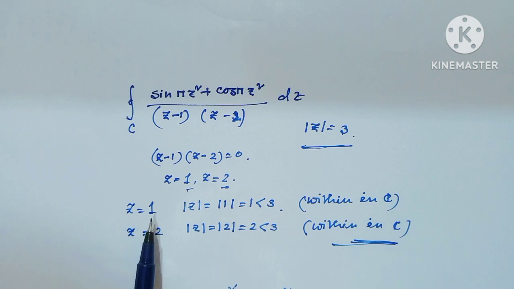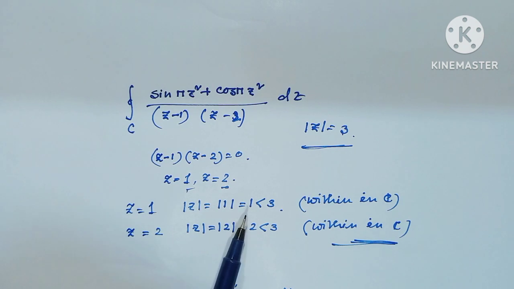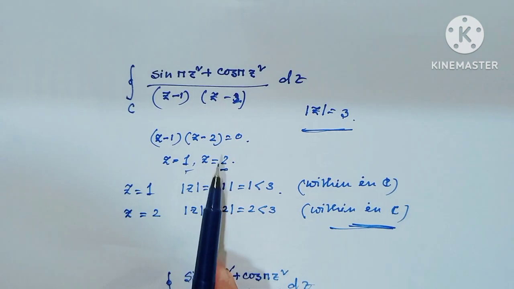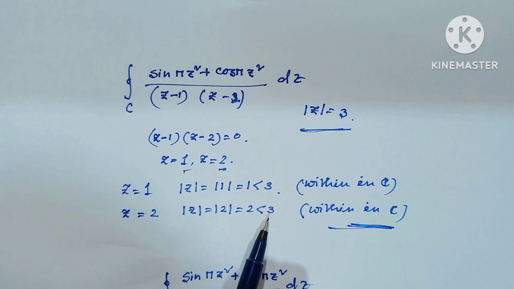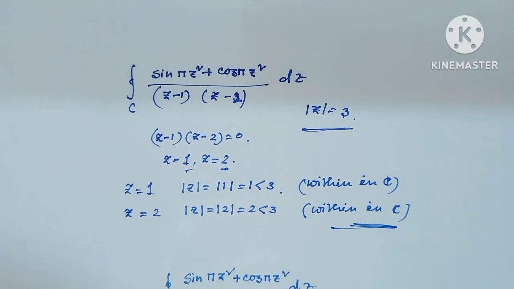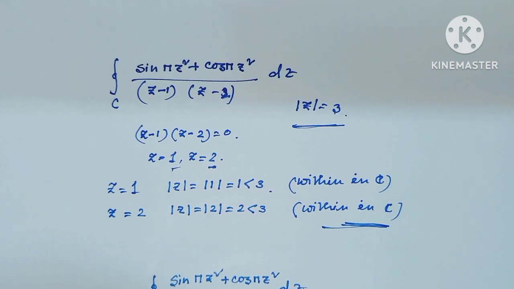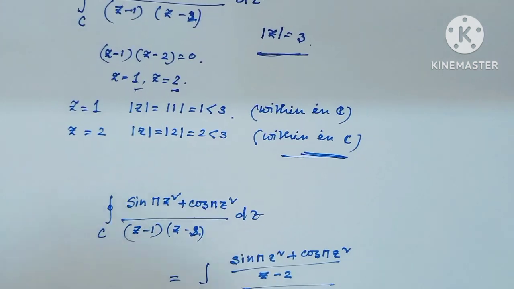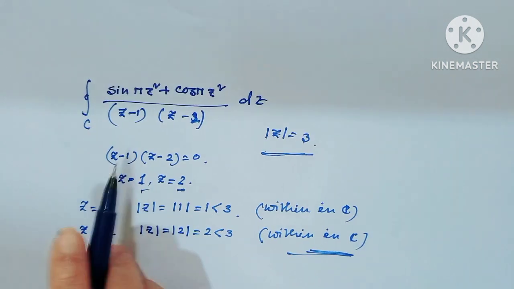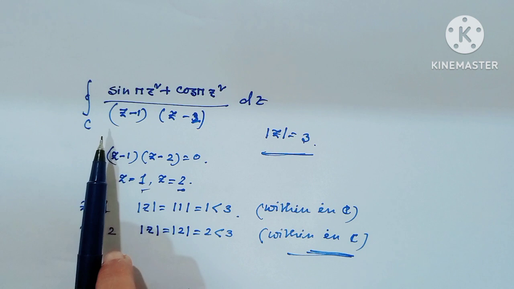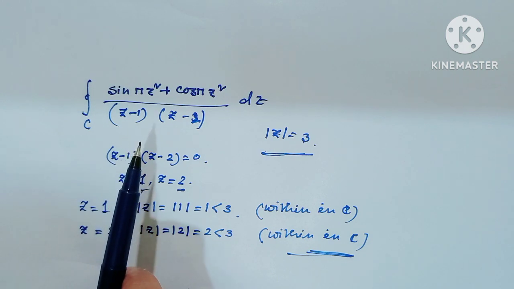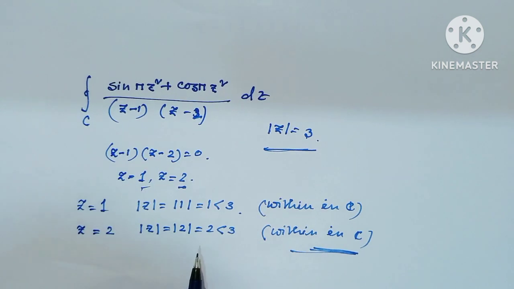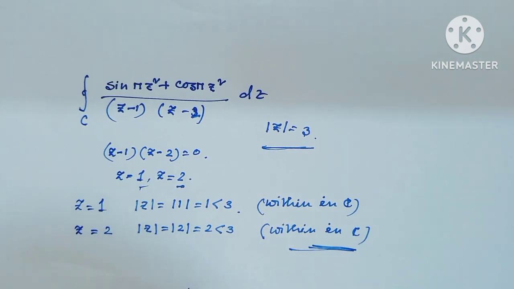Mod 1 is less than 3, and mod 2, which is 2, is less than 3, that means 1 and 2 both lie within the circle. So similar to before, we have to find the integration along this contour C, which means the integration along the contour C1 plus the integration along the contour C2.